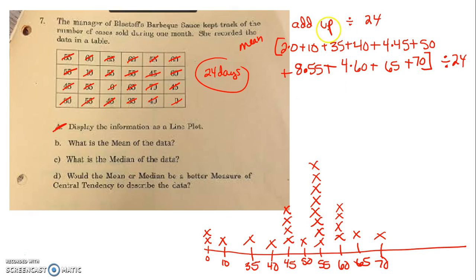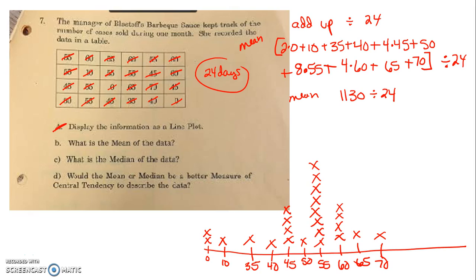So once you add all your numbers together, you get 1130, and then you have to divide by 24 to get the mean. This is to find the mean. If you take 1130 and divide by 24, you come up with 47.08. It's 0.83 repeating.